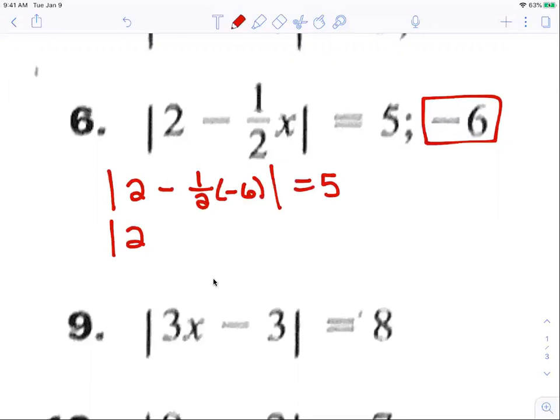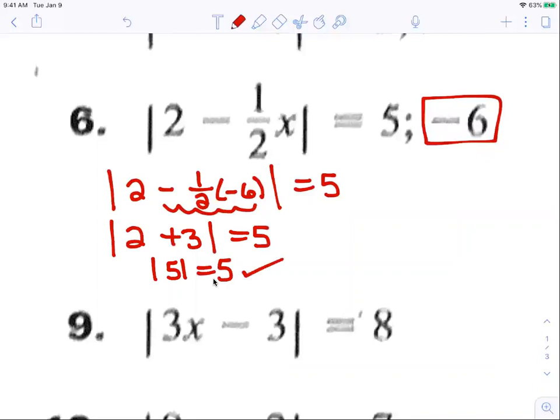So if I multiply -1/2 and -6 together, Ella, do you know what -1/2 times -6 is? +3. Yeah. What's 2 plus 3 make? 5. Does the absolute value of 5 equal 5? Yes. Yes, that's it. I like to put a little check mark next to it to show that it works.